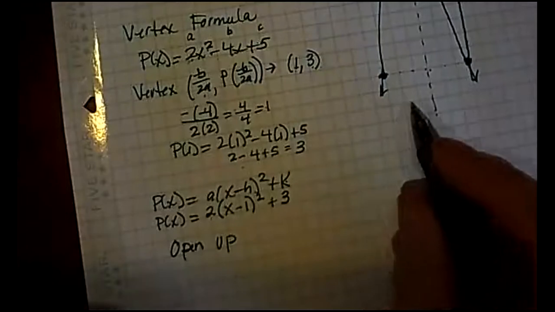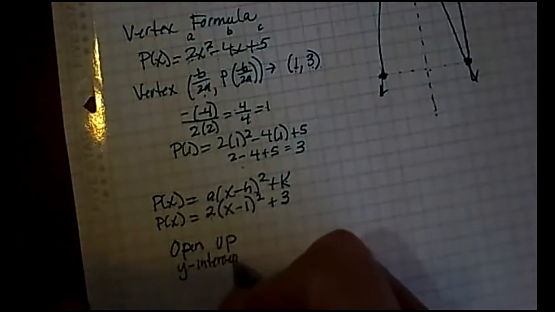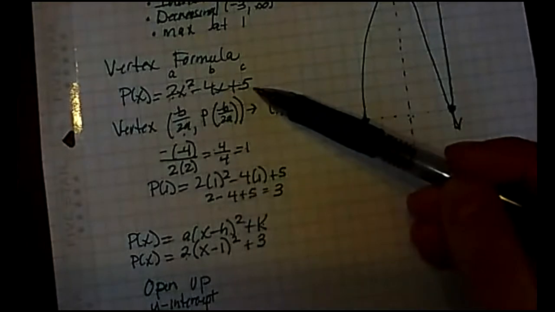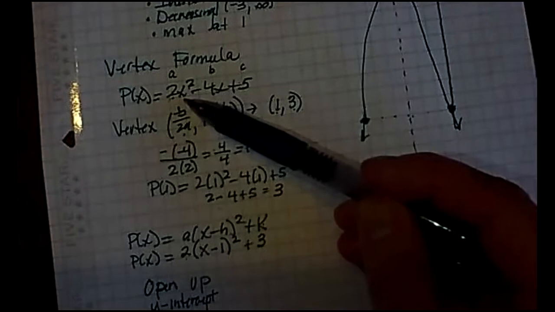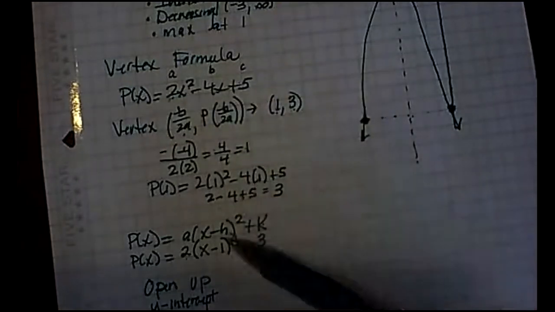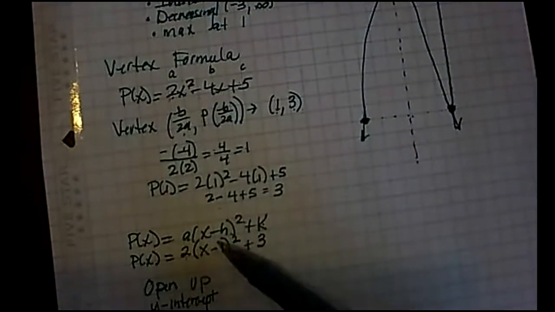Okay, so what is the y-intercept? Well, I'm going to show you another thing that's kind of nice. If I go back to the standard form and I put a 0 in right here and a 0 in right here, would you agree it would just come out to be 5? Now I can put it in this form too, and I'm going to get the same answer. But if I have the standard form, it's just a little bit easier to go, oh, okay, this is 0, this is 0.